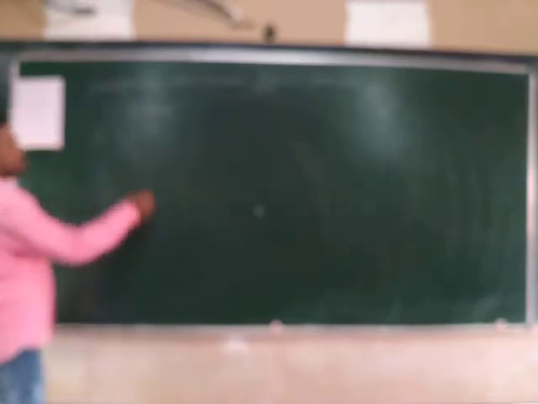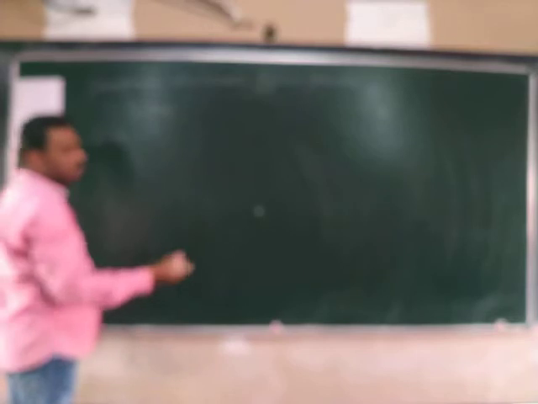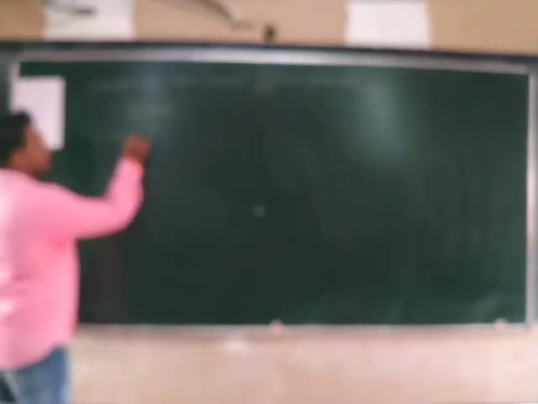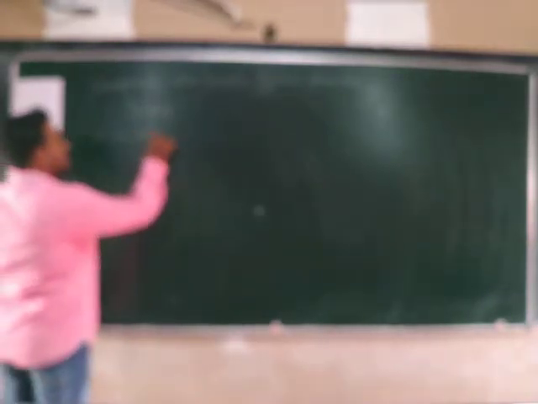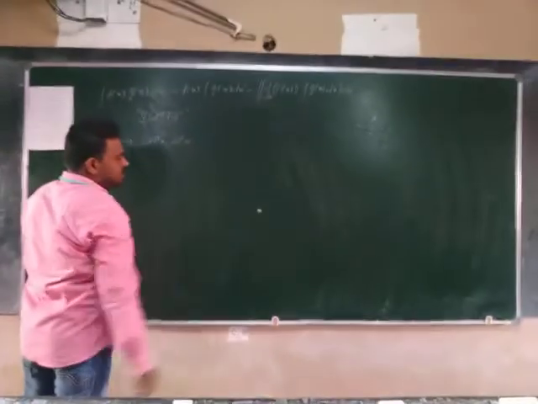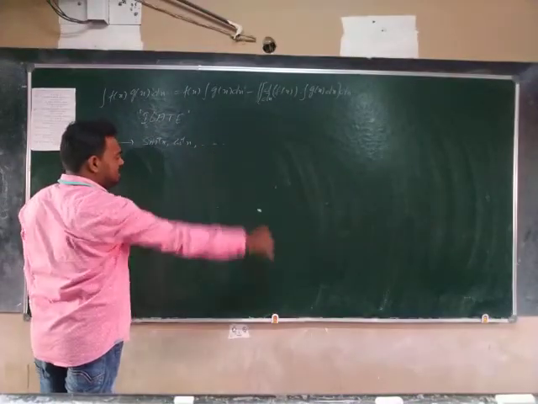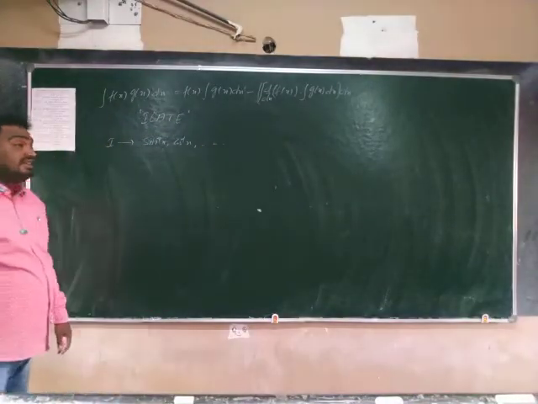In this order, the first letter is taken as the first function, f of x. What is I? I denotes inverse trigonometric functions, for example sin inverse of x, cos inverse of x, tan inverse of x, secant inverse of x, etc.